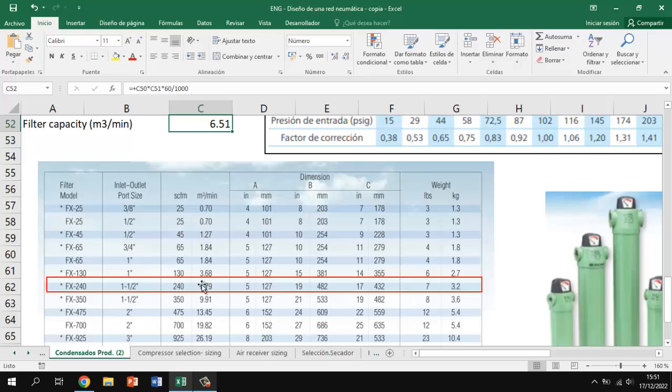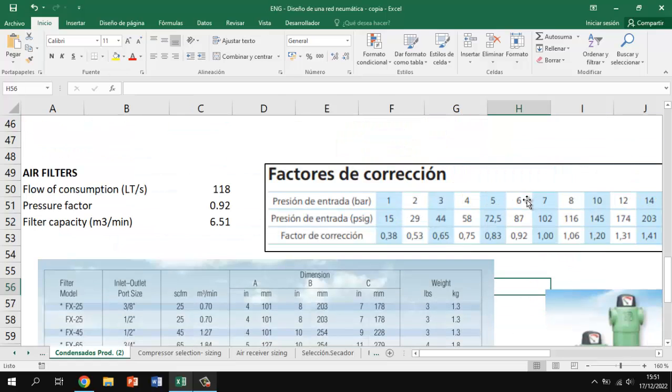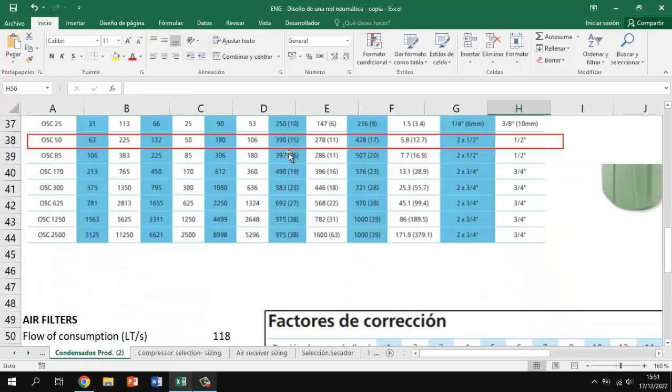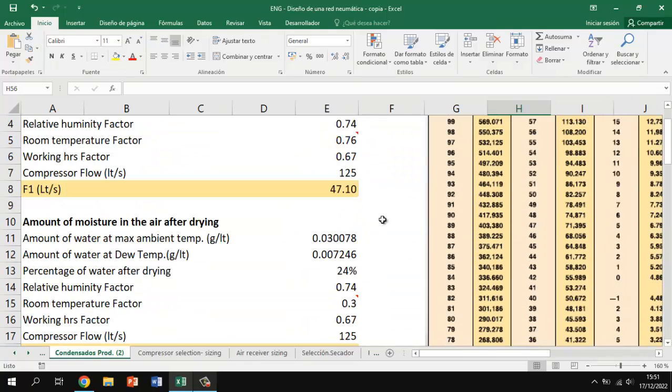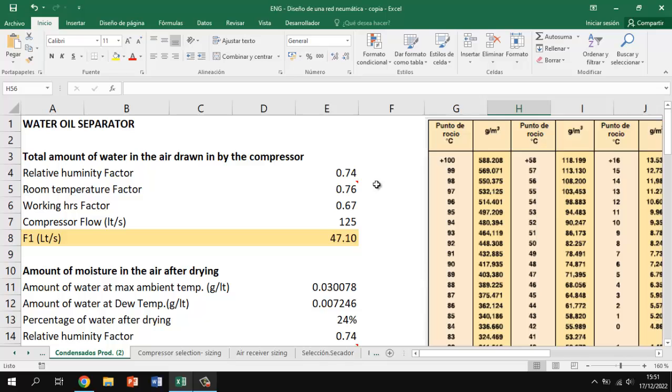So this is our air filter that we need for our pneumatic system, the FS 240. That's just how you select your air filter and your water oil separator.